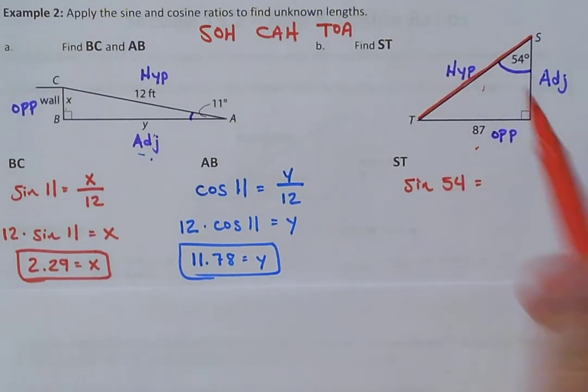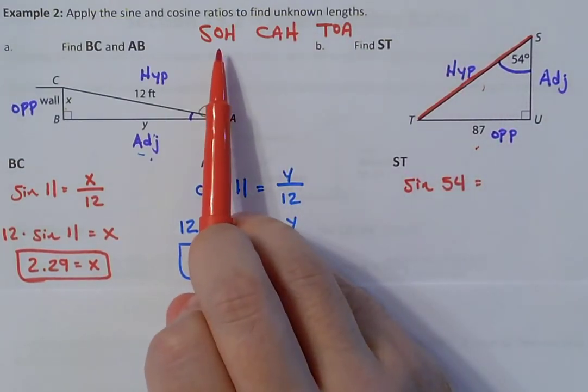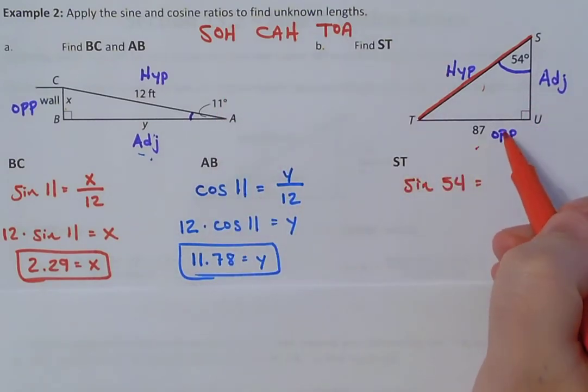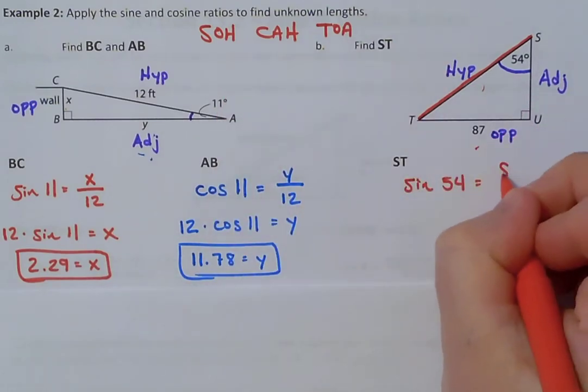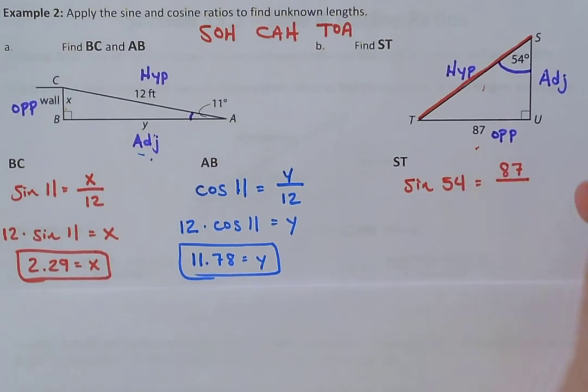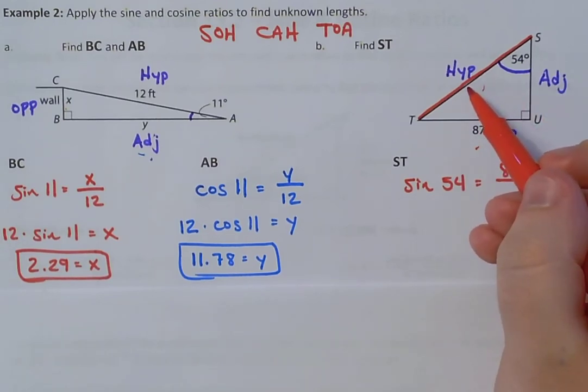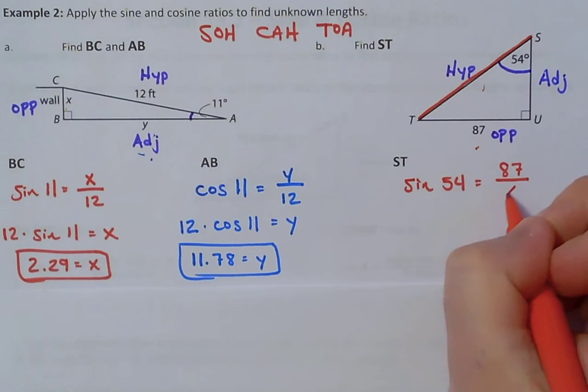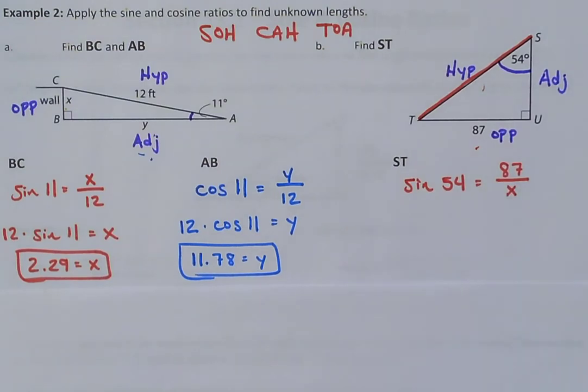And then that's going to equal opposite over hypotenuse. So the side opposite is 87. And I don't know what the hypotenuse is at this moment, so we're just going to call it x. So we have sine 54 equals 87 over x.